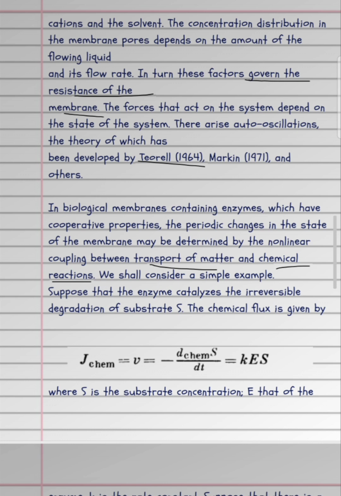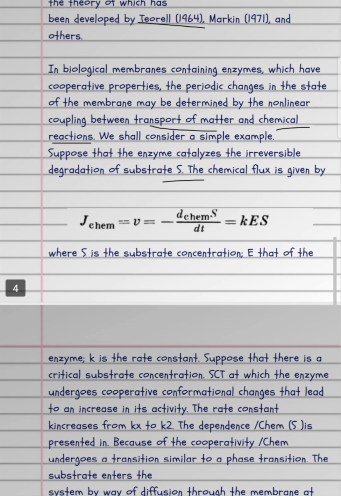Suppose that an enzyme catalyzes the irreversible degradation of a substrate S. The chemical flux is given by J_chem = v = d[S]/dt, which is equivalent to K E S, where S is the substrate concentration, E is the enzyme, and K is the rate constant.